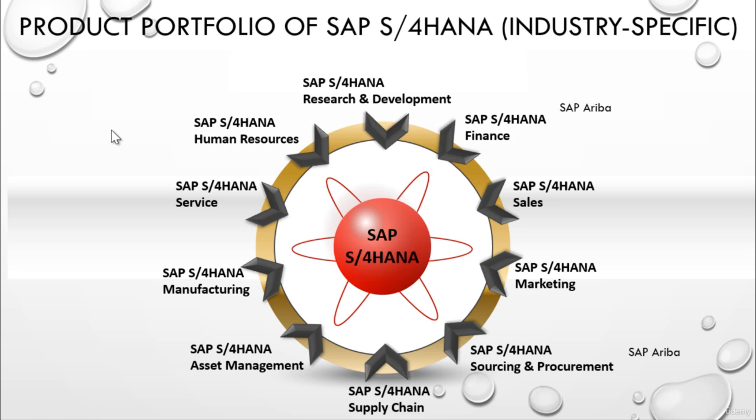It is the procurement and supply chain solution which is integrated with SAP S4HANA Finance and SAP S4HANA Sourcing and Procurement. Second is SAP Concur. It is a cloud-based system providing travel and expense management services to businesses. It is integrated with SAP S4HANA Finance and SAP S4HANA Sourcing and Procurement.